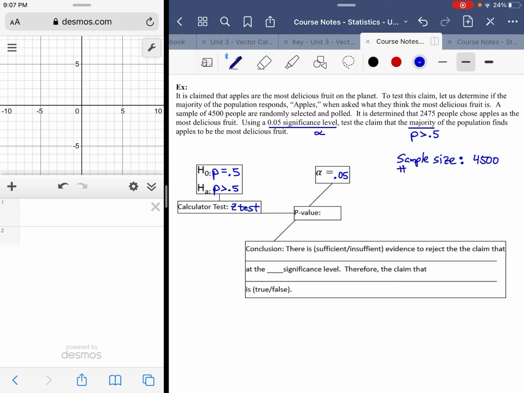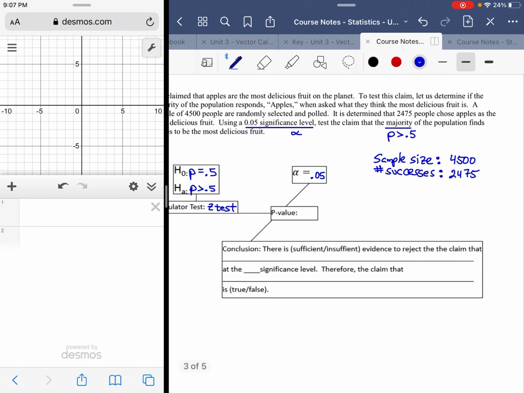The number of successes, which is why I slipped up a second ago, is going to be 2,475. So that 4,500, that's your n value. 2,475, that's x.